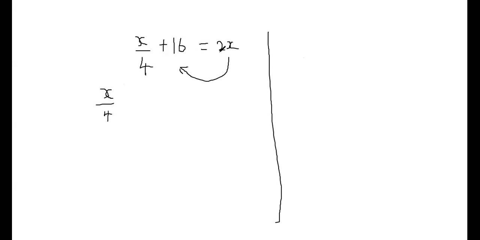So this 2x, when it goes over, it becomes minus 2x, minus because the 2x there is a positive. Plus 16. I'm gonna leave 0 over this side. I got 0, because if we remove everything from this side, it means that nothing is there. All right, so it means 0 has to be here.